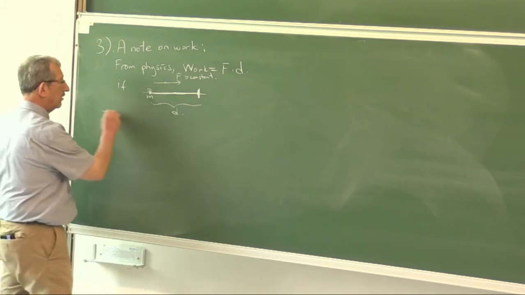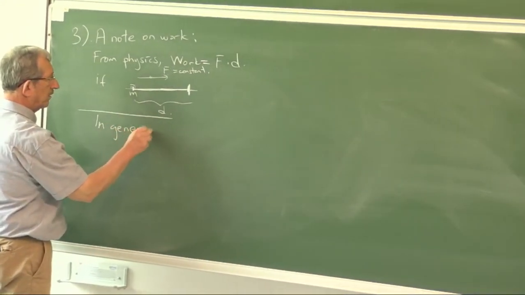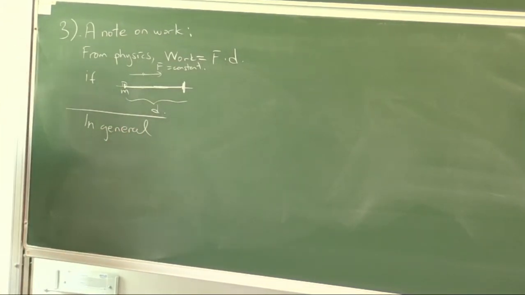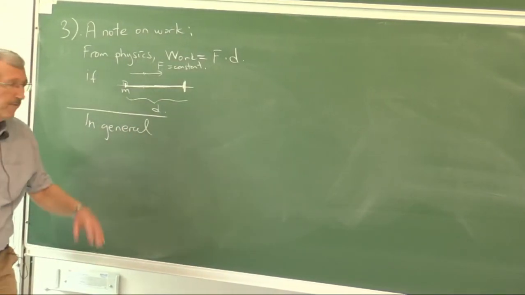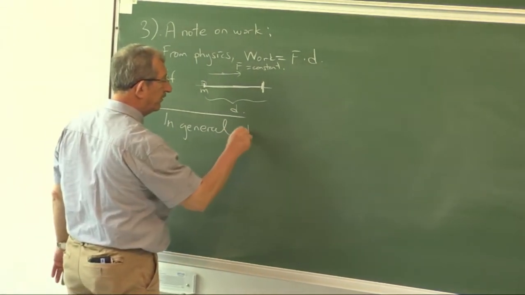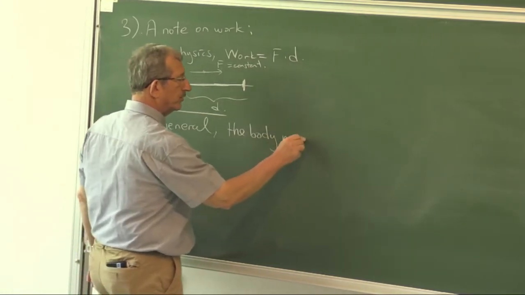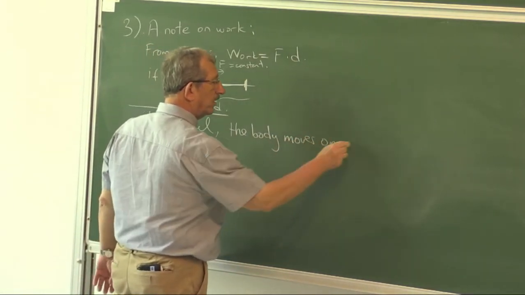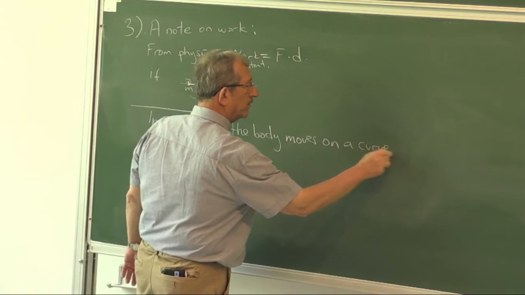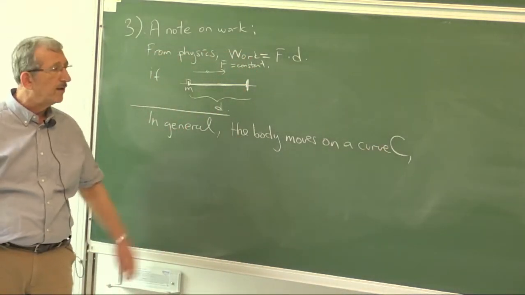Now, in general, we don't have it, obviously. What do we have? Firstly, in general, the body moves on a curve, not on a straight line all the time.